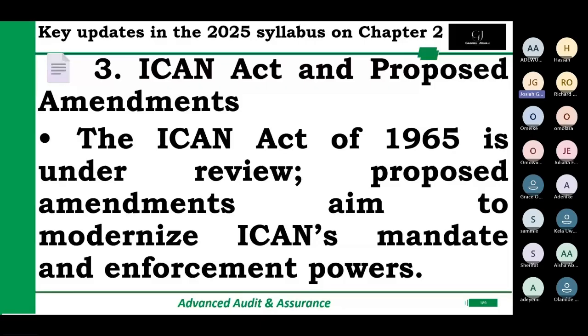Very important. So key concerns on that are that the amendments may expand ICAN's regulatory scope into areas regulated by other professional bodies. So ICAN is still working on this, and updates will be provided as soon as possible.